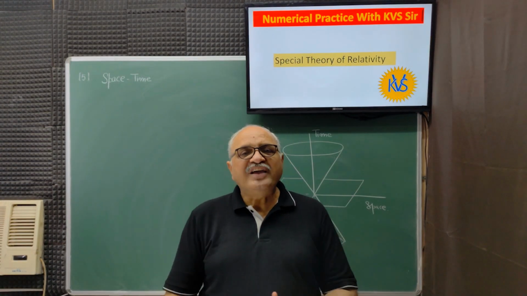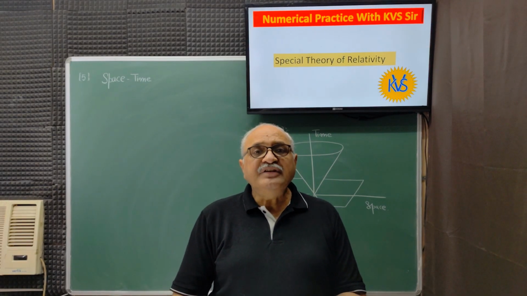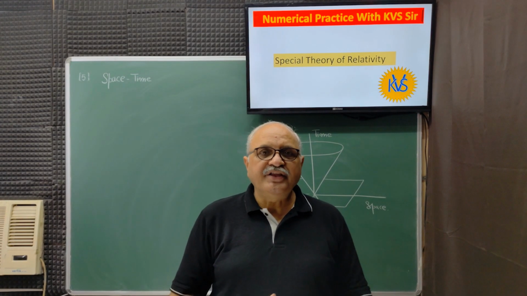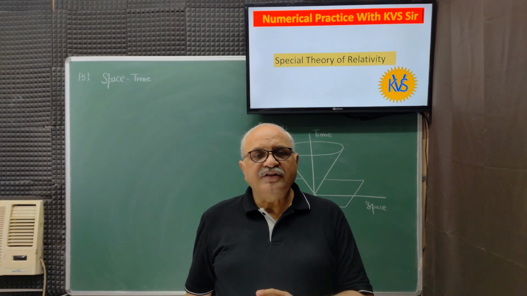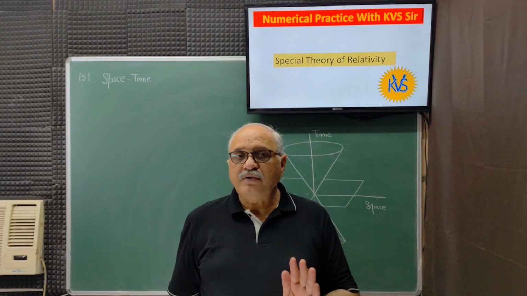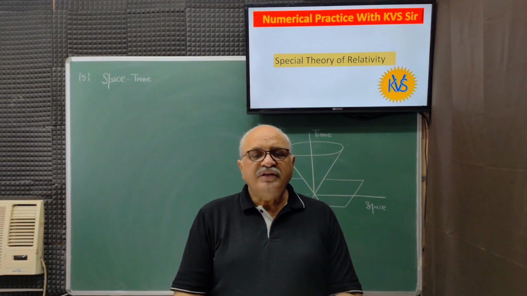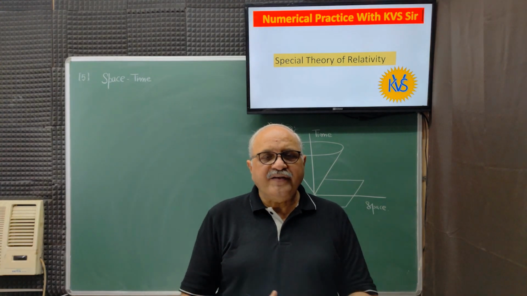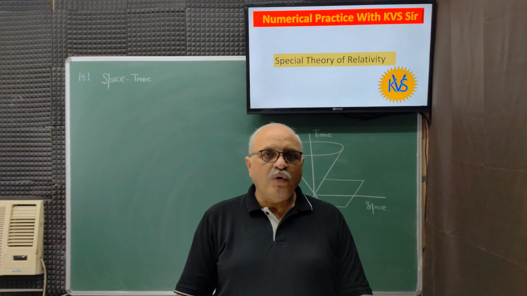So students, we have seen that in the Lorentz transformation equation, even the time is not invariant. Time is invariant in the Galilean transformation equation, but not in the Lorentz transformation equation. There is a different way to look at it, and we call it a space-time coordinate system.